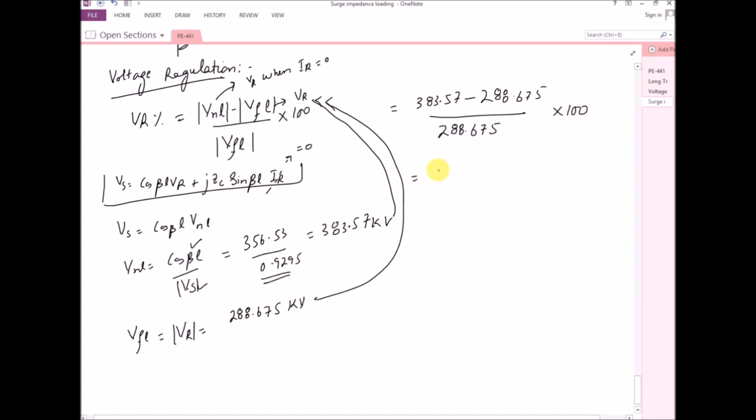So that is equal to 32.87%. So this is your voltage regulation for the given example.